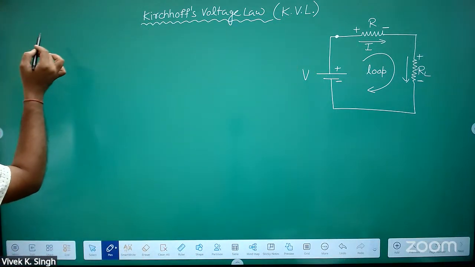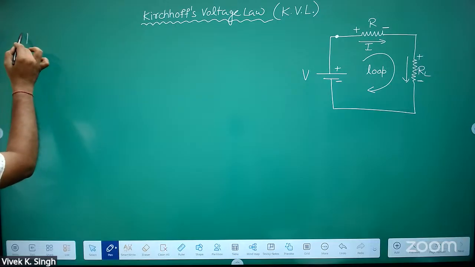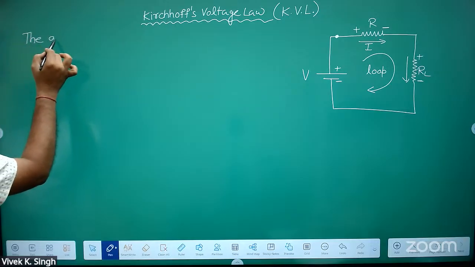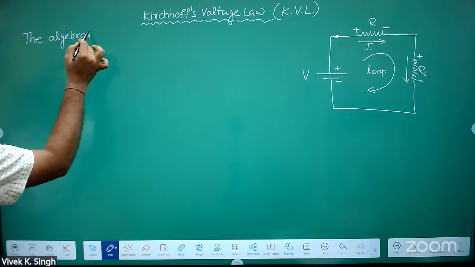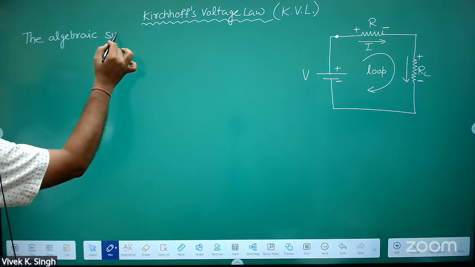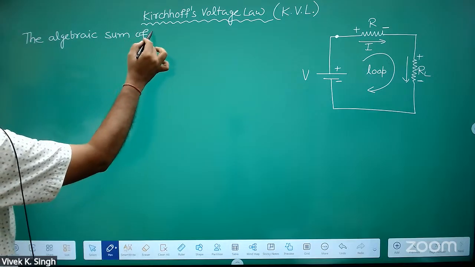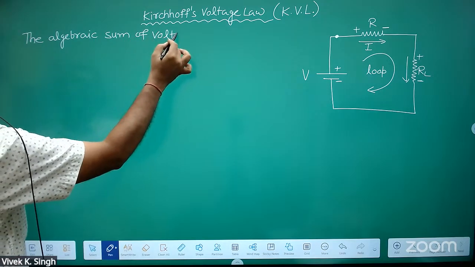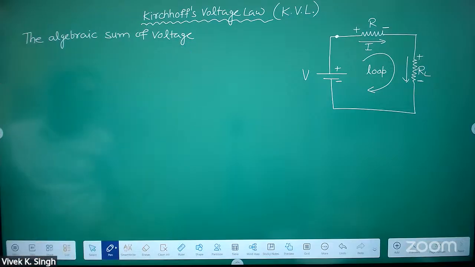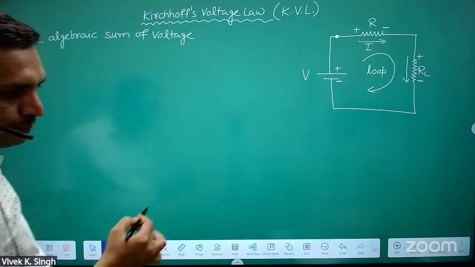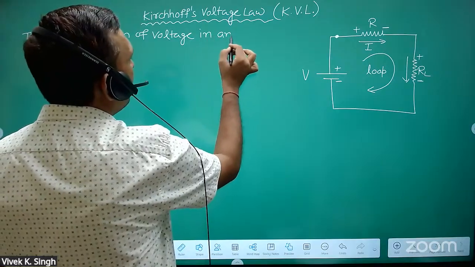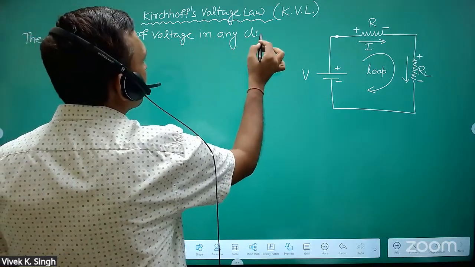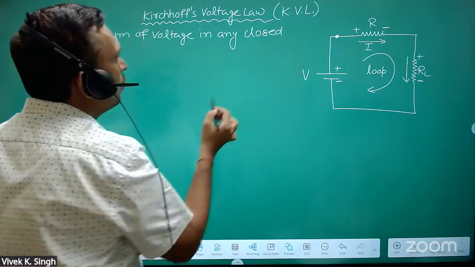So, according to KVL, the algebraic sum of voltage in any closed loop is 0.